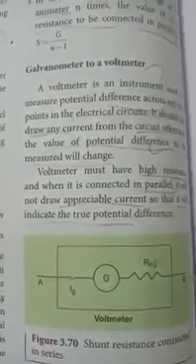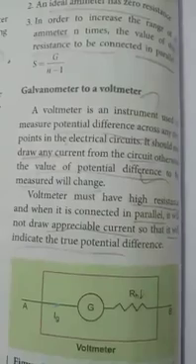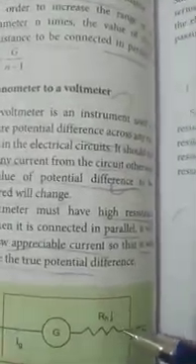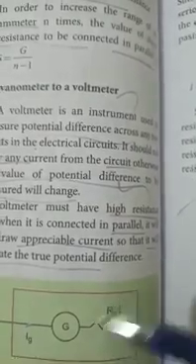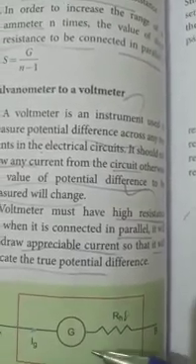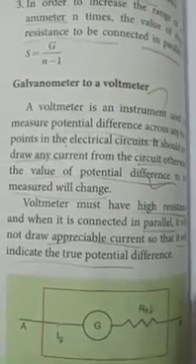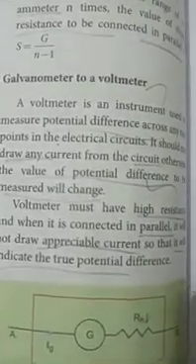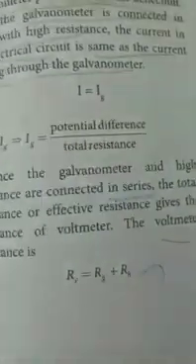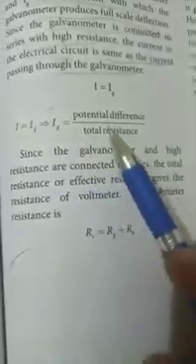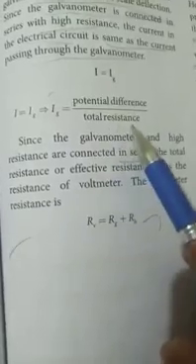Since the galvanometer is connected in series with the high resistance, the current in the electric circuit will be the same as the current passing through the galvanometer. So current in the circuit is I, galvanometer current is Ig, so I is equal to Ig. We know I is equal to V by R, potential difference by total resistance.